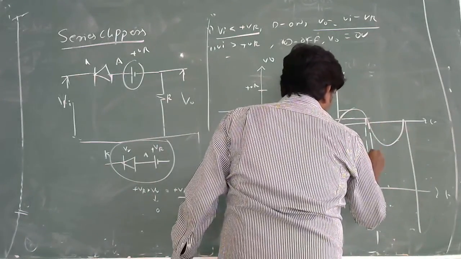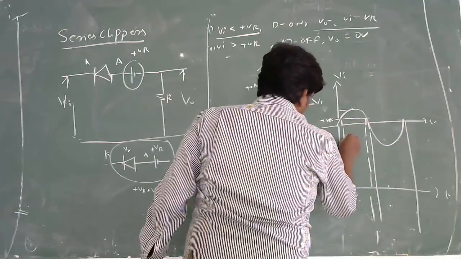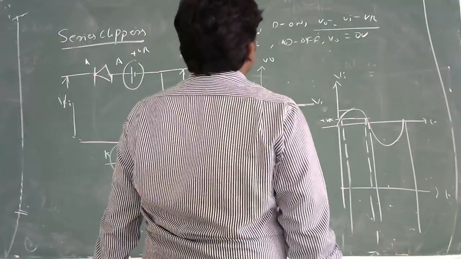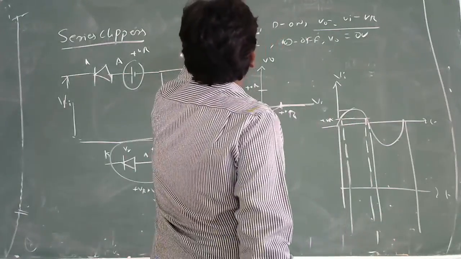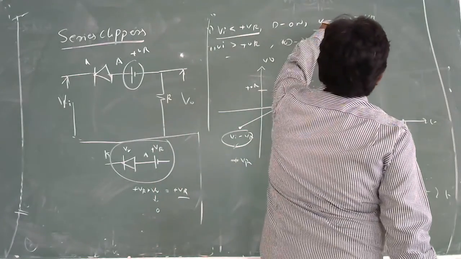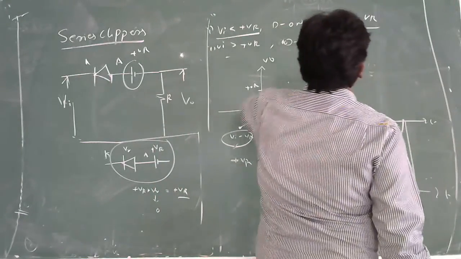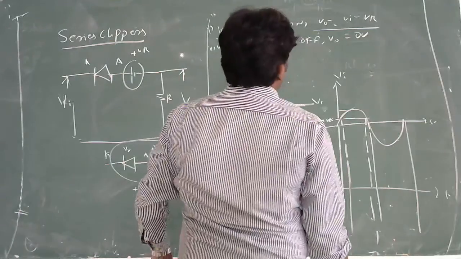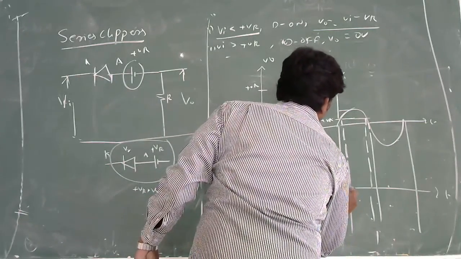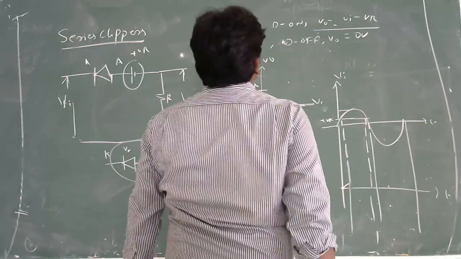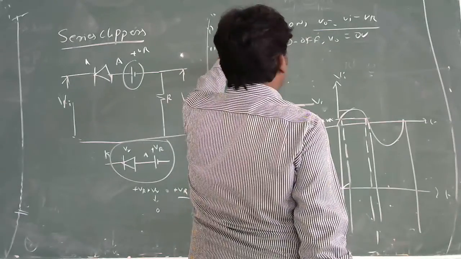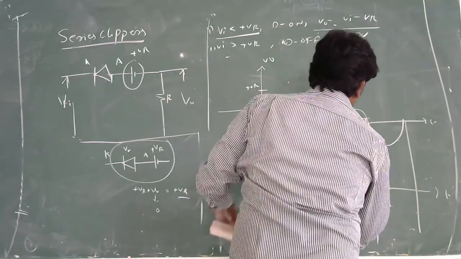At this point, we cover the corresponding point. VI is less than plus VR, so output is equal to VI minus VR, so it is a lower voltage. And when VI is greater than plus VR, the output is 0.